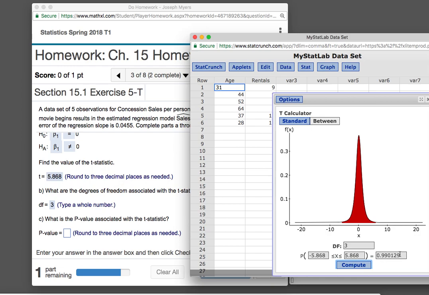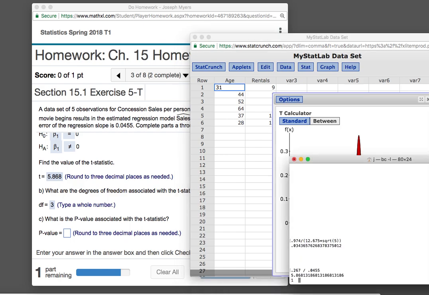Then we'll do 1 minus that answer. So 1 minus that answer is going to equal 0.009, it looks like. 0.0098 rounded up would be 0.010.